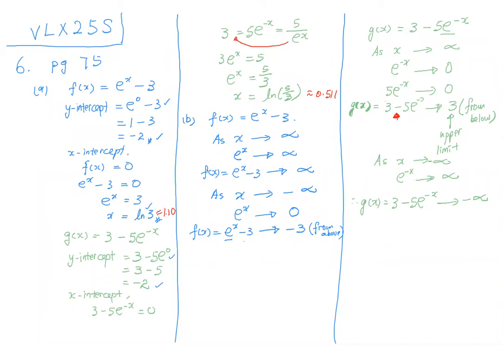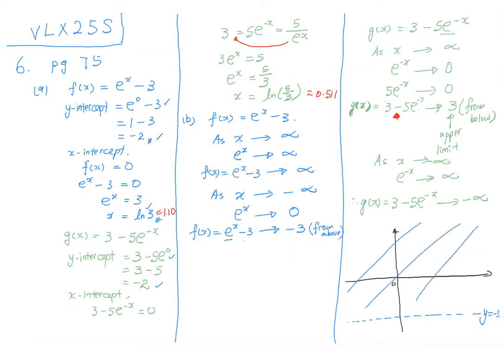So now from this one, I will know that if I sketch the graph, for f(x), which is blue, the graph will be above this line here.